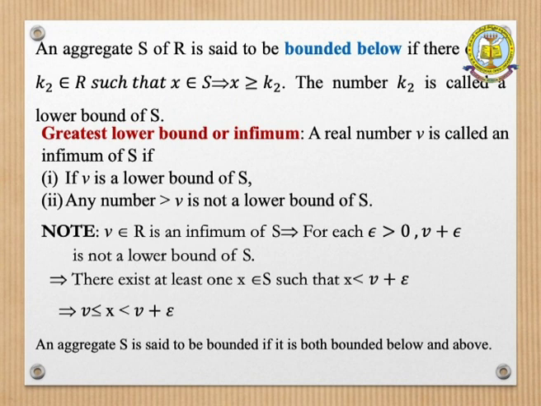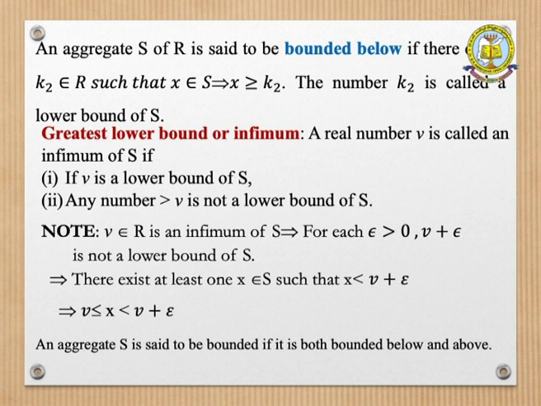A real number v is called an infimum of S if v is a lower bound of S and any number greater than v is not a lower bound of S. Whenever v is an infimum, as above, we can have an element x of S such that v is less than or equal to x less than v plus epsilon.